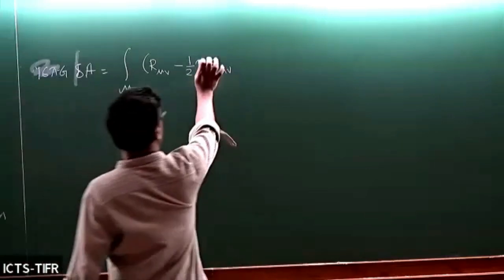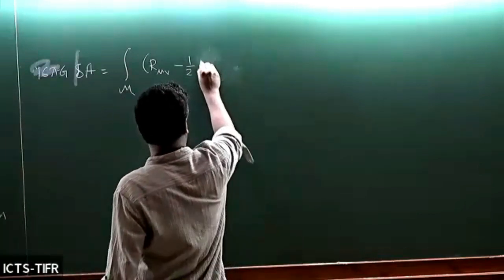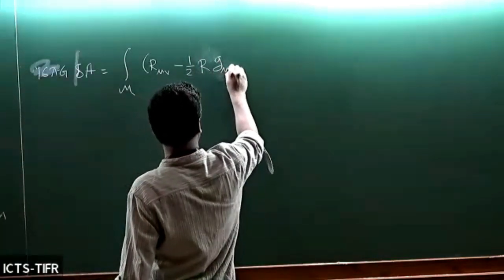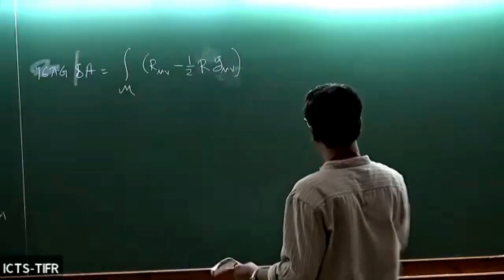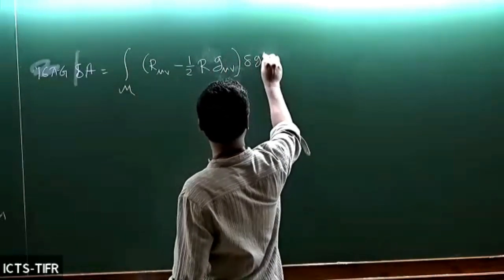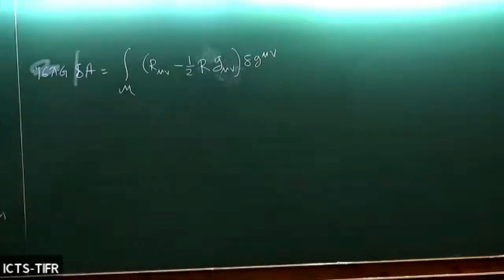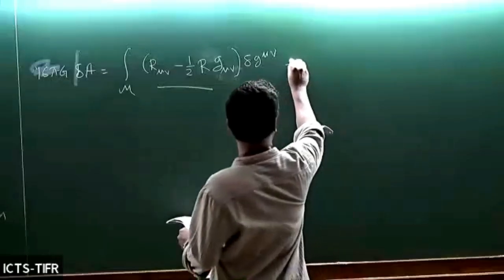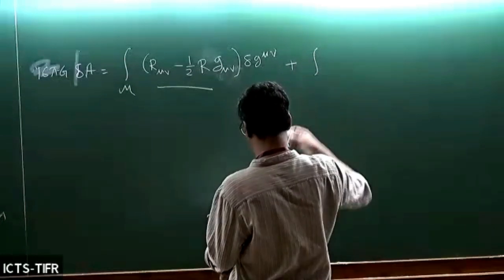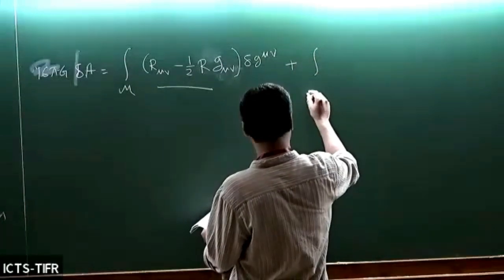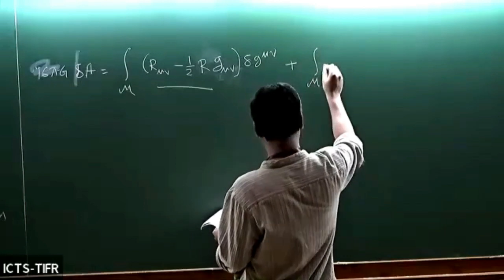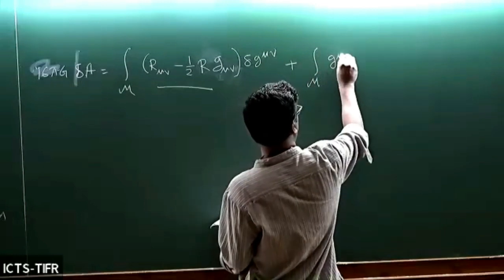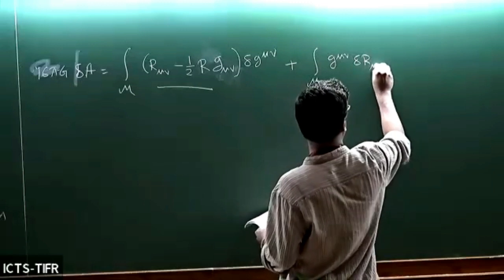So there is this R. Let me write it carefully then: R g mu nu, and what do I have? Delta g mu nu. This is this term and this term. But I also have an extra term, which is the integral over the manifold, 16 pi G I have taken, and then I have g mu nu delta R mu nu.